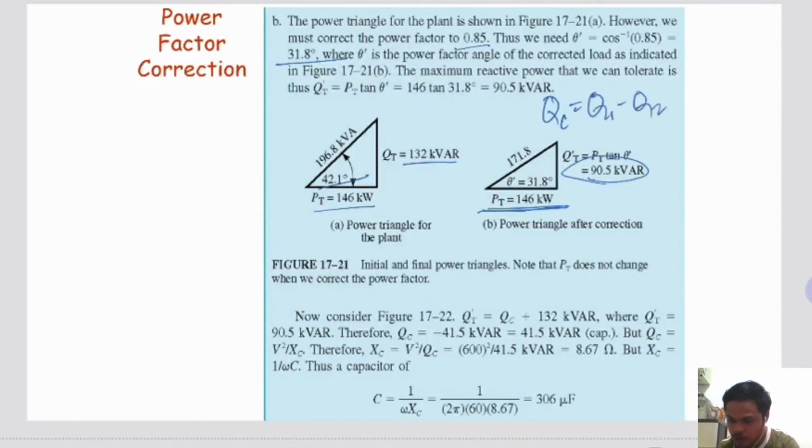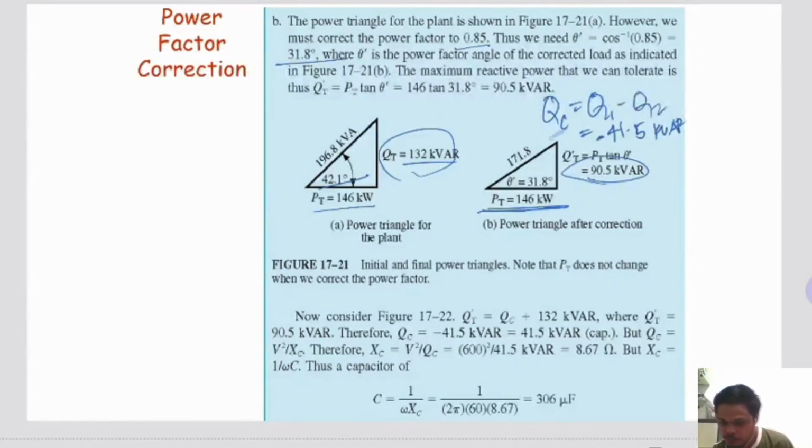So our initial Q1 is this one, our Q2 is this, and if we subtract that one, we have, I think, 41.5 kVAR. So this should be negative since we are installing a capacitor in the system.